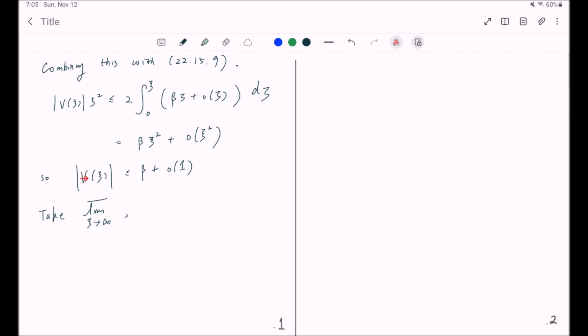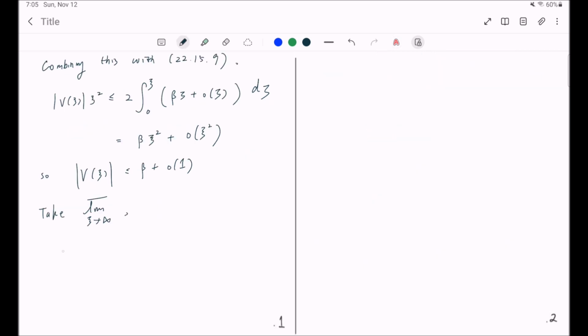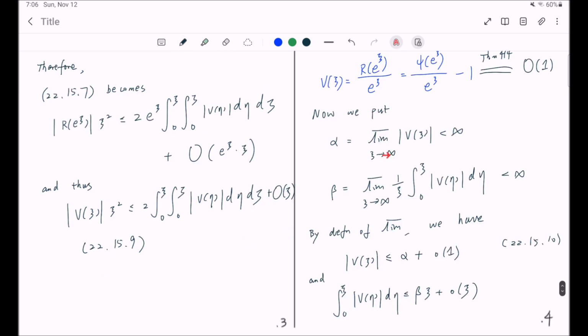The left-hand side will become alpha. Our alpha is this lim sup. So alpha is less than or equal to beta. This means the lim sup of the absolute value of this v of psi is always less than or equal to the lim sup of its average.